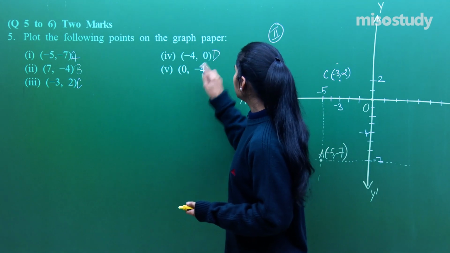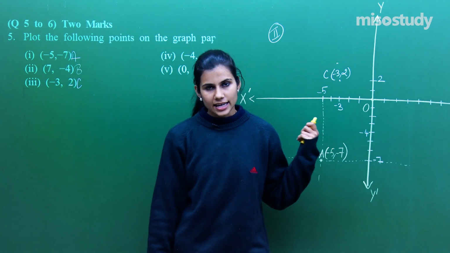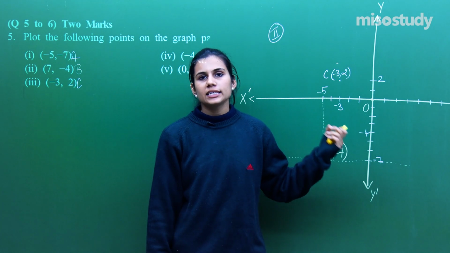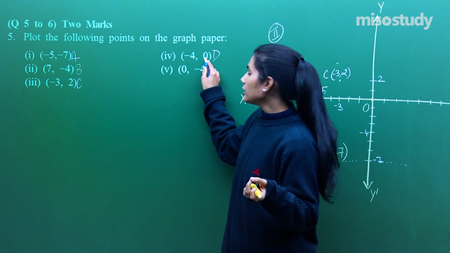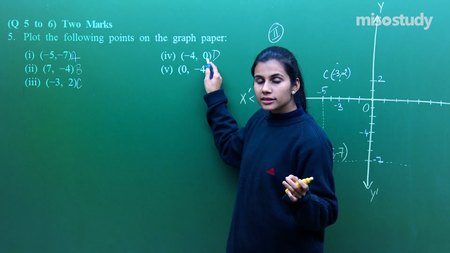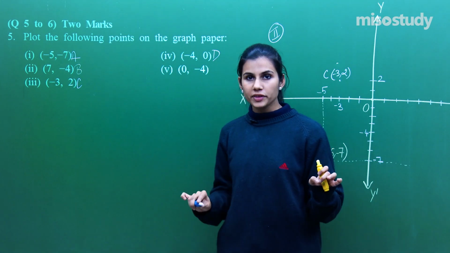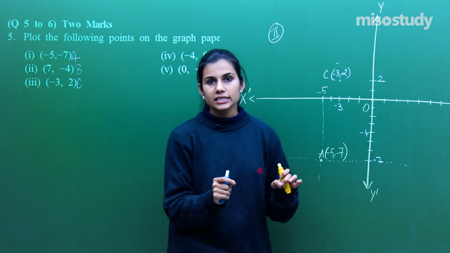Here I have point D, that is -4, 0. -4 means negative x-axis. 0 as the y coordinate means that the point is lying on the x-axis itself. Y coordinate is 0 means that the distance of that point from the x-axis is 0, that means the point is lying on the x-axis. -4 is depicting that you just need to be along the negative x-axis.